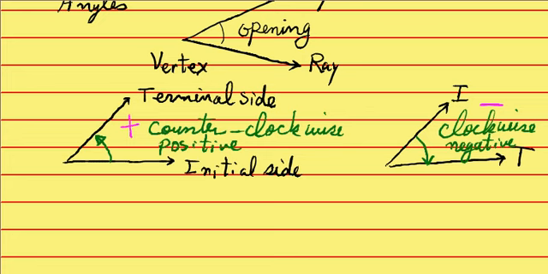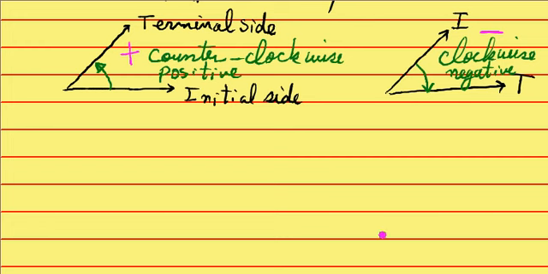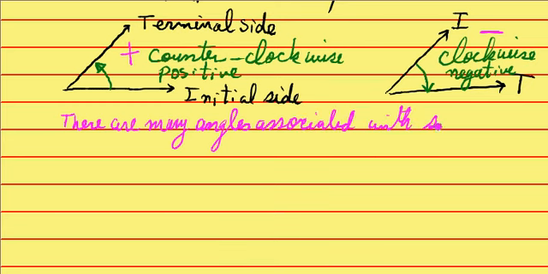Next, with the same initial and terminal side, there are many angles associated. So there are infinitely many angles associated with the same initial and terminal sides. What does this mean?